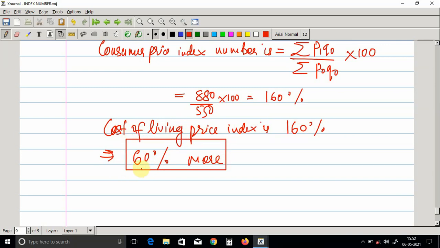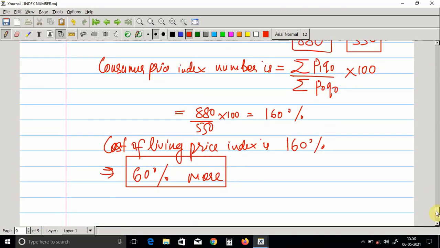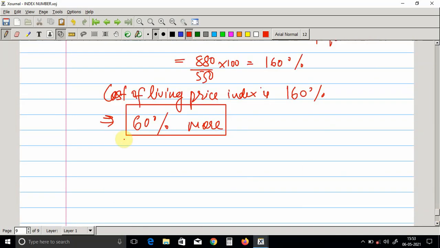It also says that if you want to purchase the same quantities today in the current year, you must start earning 60% more. And the second interpretation is, if the cost of some commodity is rupees 100 in the base year, now that commodity is going to be purchased for 160 rupees.